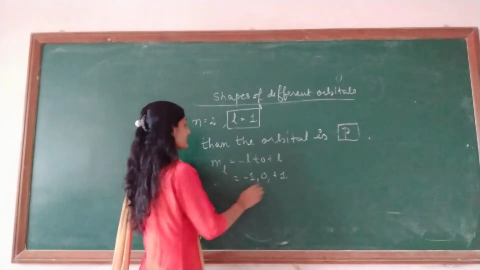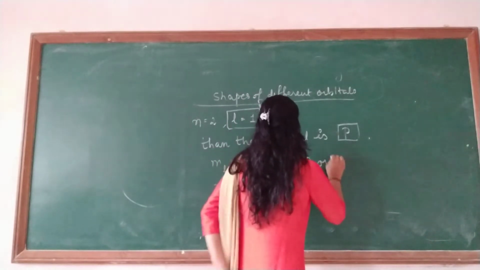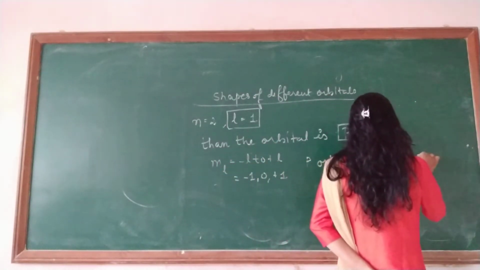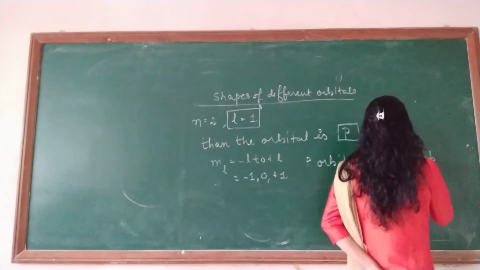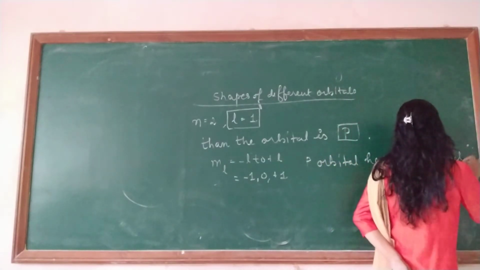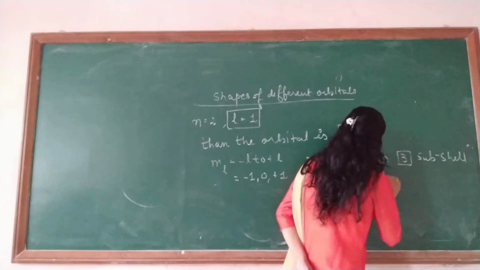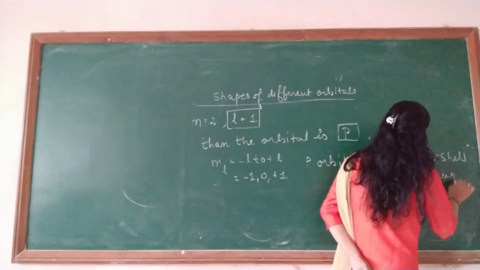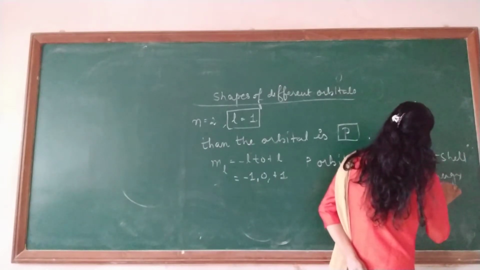So it indicates that the p orbital has 3 subshells with the same energy and size.